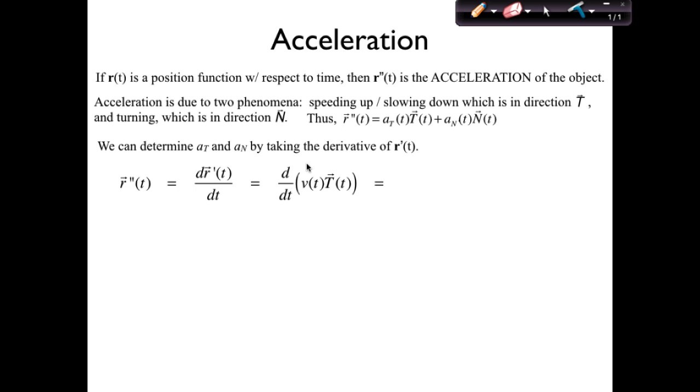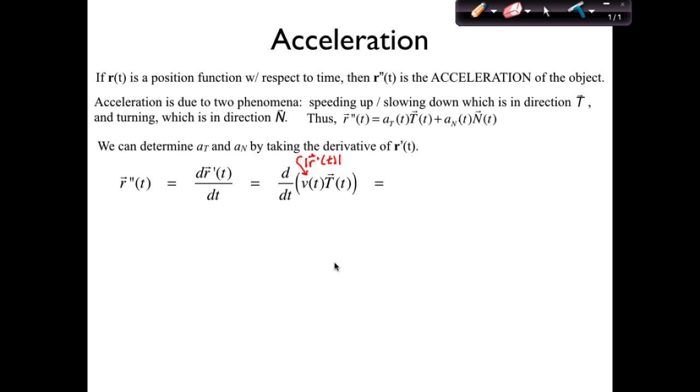So this right here is the magnitude of, now I'm just calling it velocity, that's the speed function, right? Scalar function. Is it okay? And I'm going to take the derivative of that.